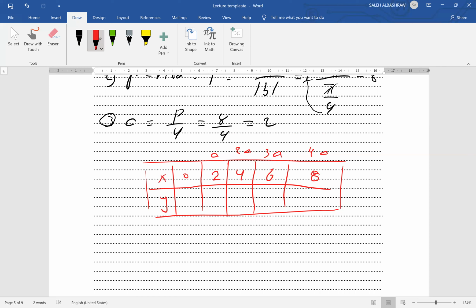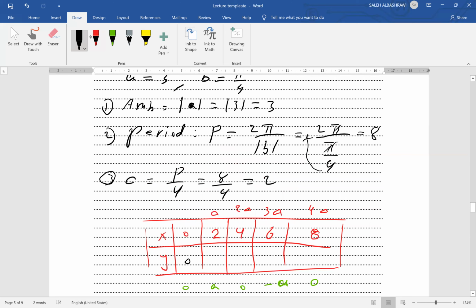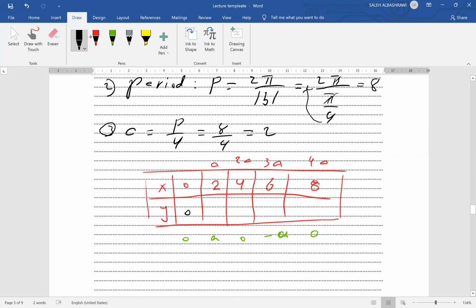Now, if we use this partition, delta, 2 delta, 3 delta, 4 delta, then the values of y will be 0, A, 0, minus A, and 0. So that will be 0. A is given to be, go back, it is 3. So this is 3. Then I have 0, minus A is minus 3, and 0 again.